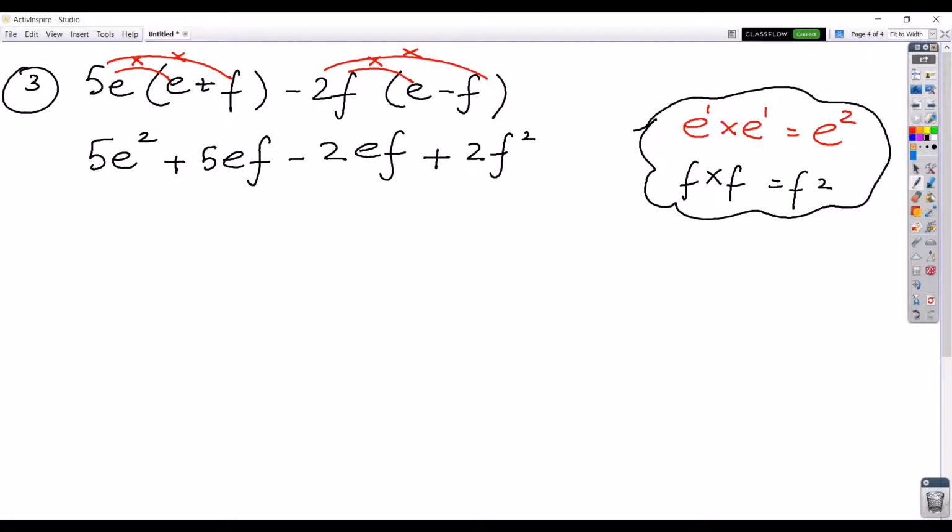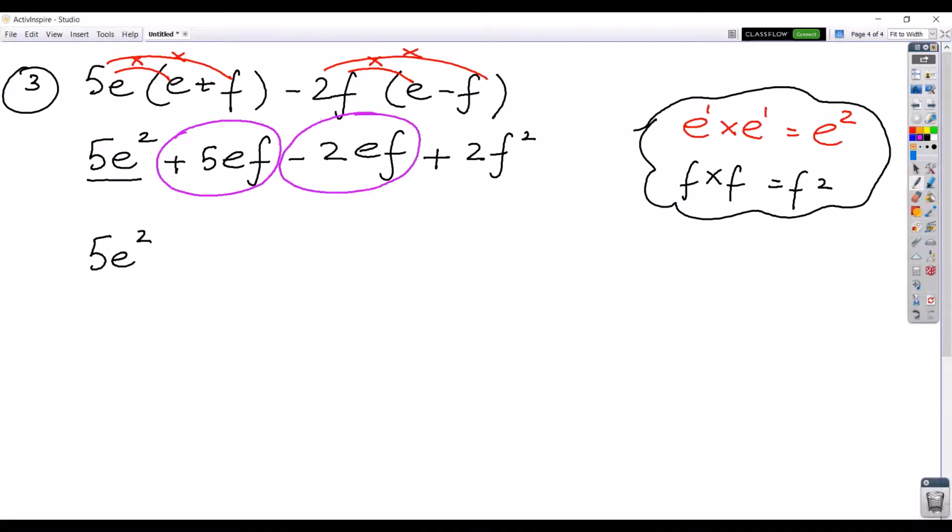Okay, now we have done the first part, to expand the brackets. Once we are done expanding the brackets, we have to do the next step, to simplify. So we see that there's only one e squared term, with the first term. There's no more e squared, so it stays the same, 5e squared. Now if you consider the two middle terms, we can simplify them, because this is plus 5ef and this is minus 2ef.